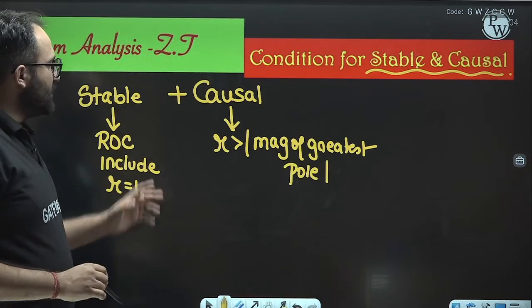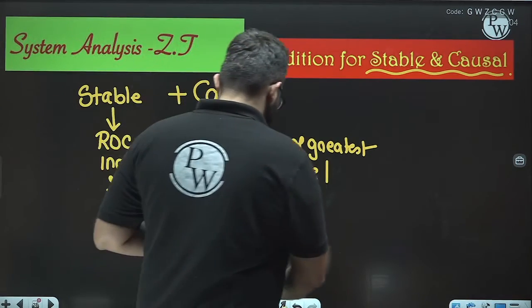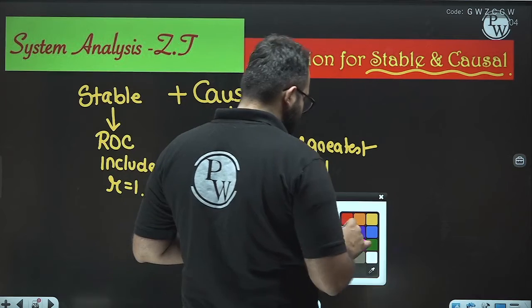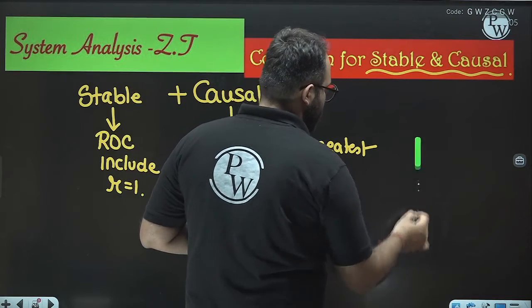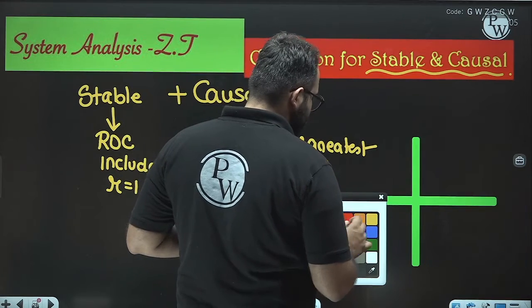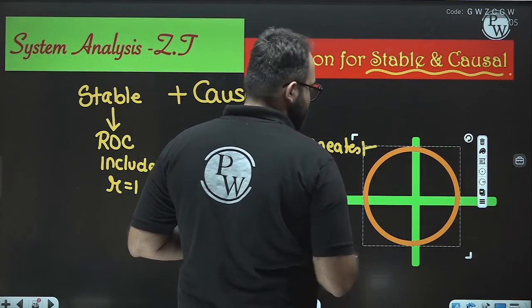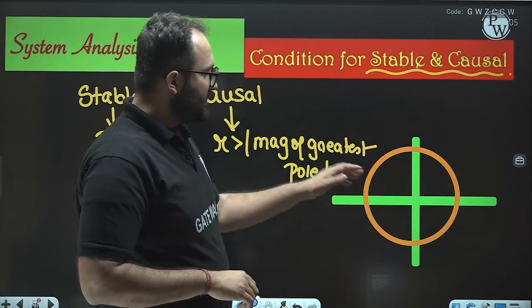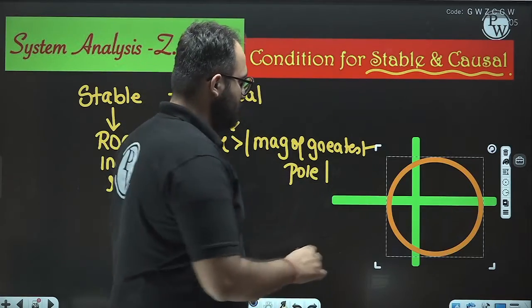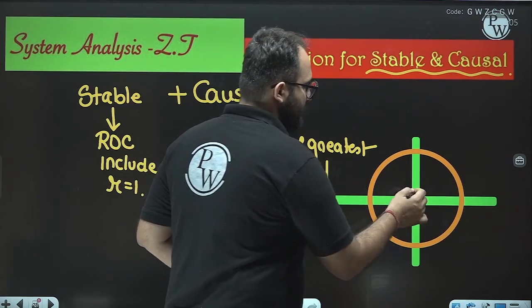Okay, so these two conditions are there. Now we need the two conditions together. So we need the ROC to include the unit circle. So let us say this is the unit circle.